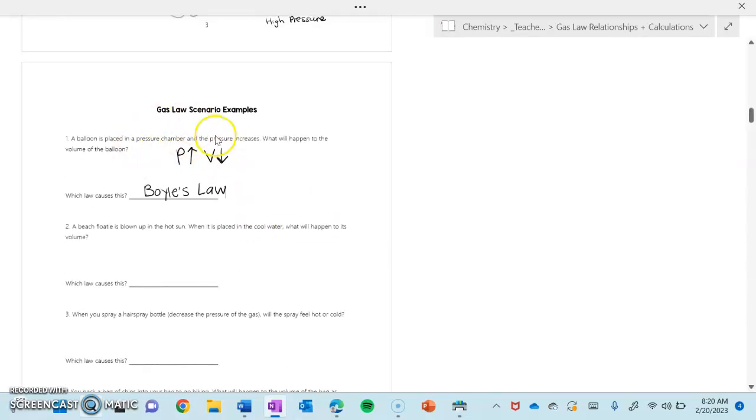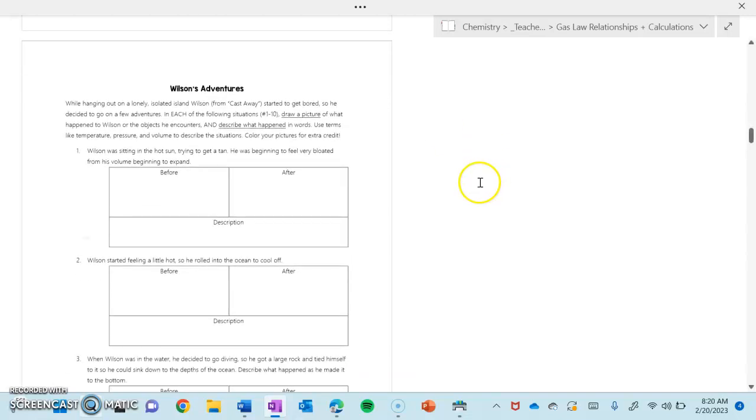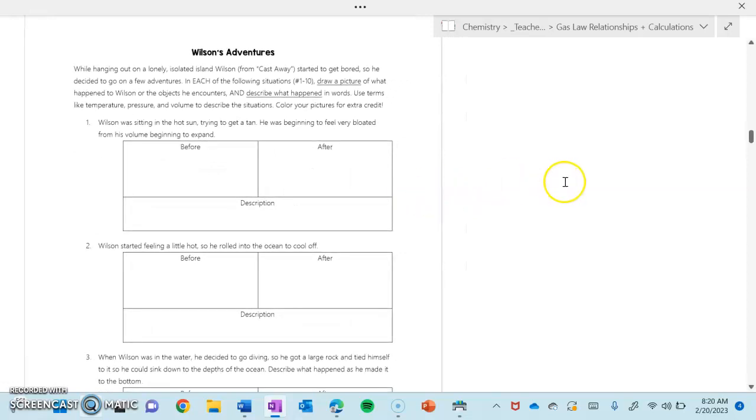This is a fair description, just showing me what's happening to the variables. Use terms like temperature, pressure, and volume to describe the situation, or you can use symbols P, V, T. And then color your pictures for extra credit. And there are, I believe, 10 questions. So let's start. We'll do a couple of these together. Actually, we'll probably just do one together, and then you can do the rest.